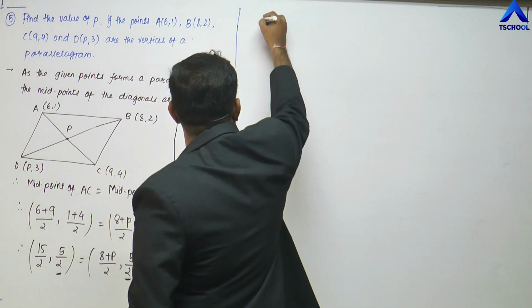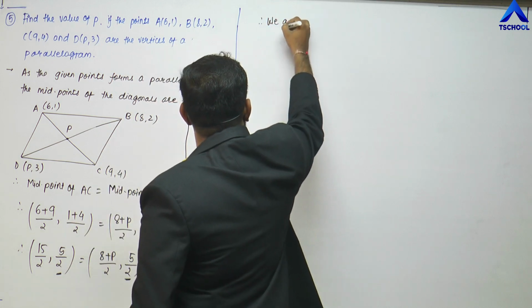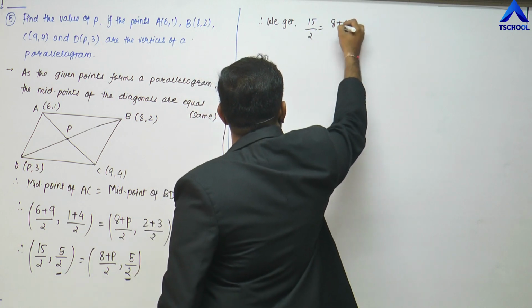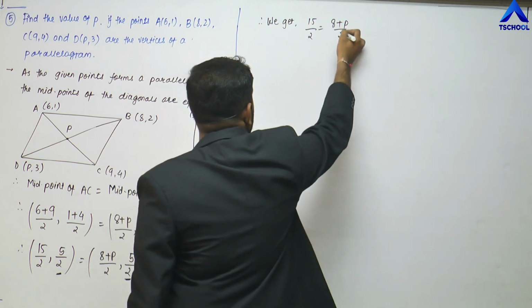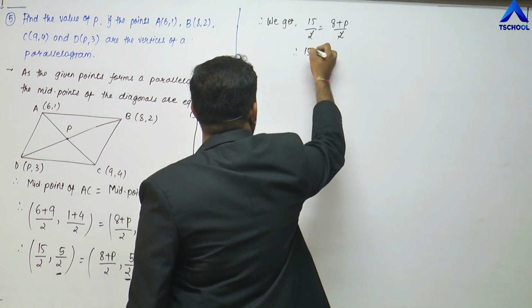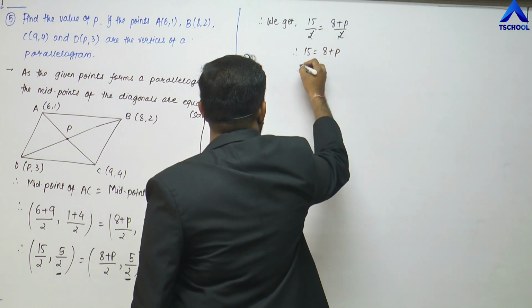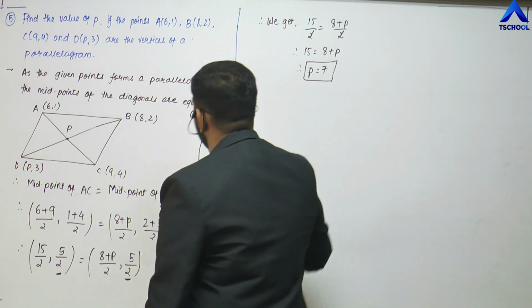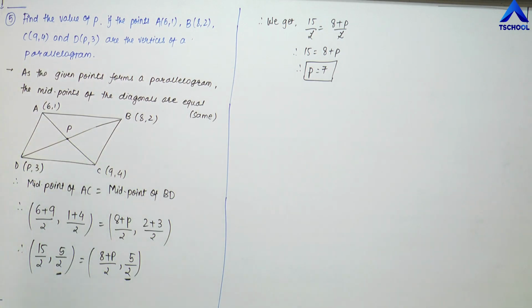Therefore we get 15 by 2 is equal to 8 plus P by 2. You can cancel out this 2. Therefore 15 is equal to 8 plus P, and hence P is equal to 7, that is 15 minus 8 equals 7. Hence the value of P is 7. Is it clear? So that is how you can use this midpoint theorem. Everyone clear with this?